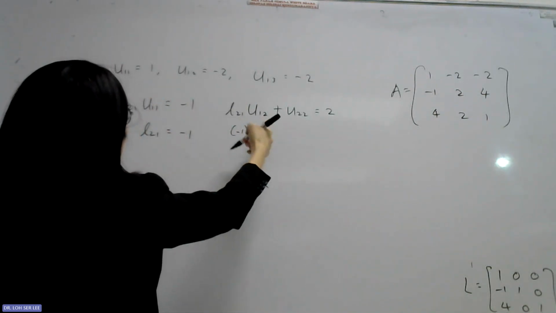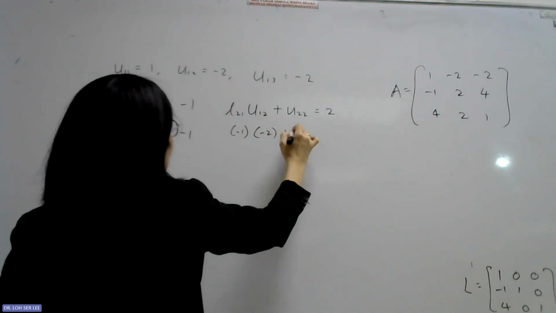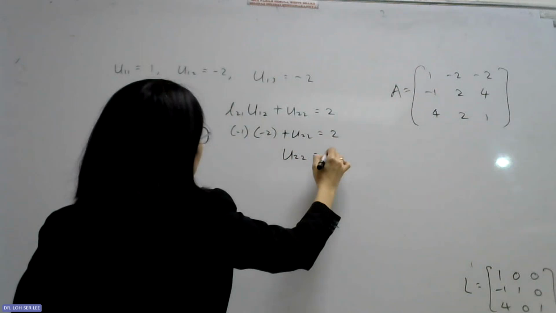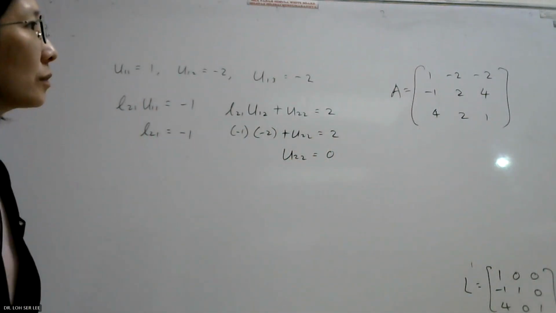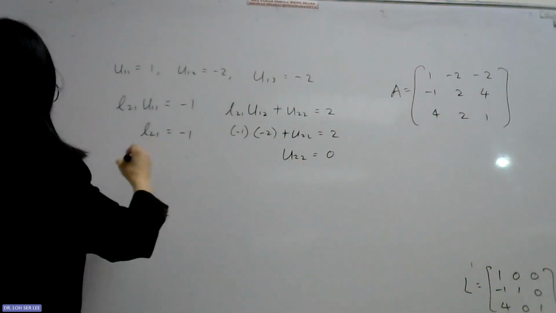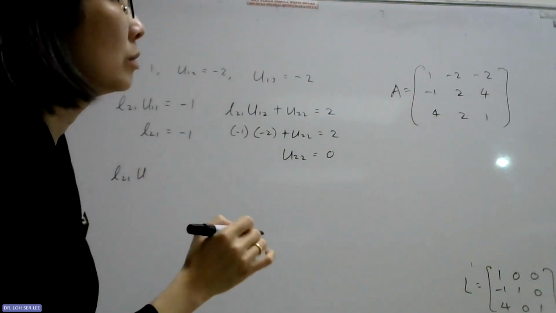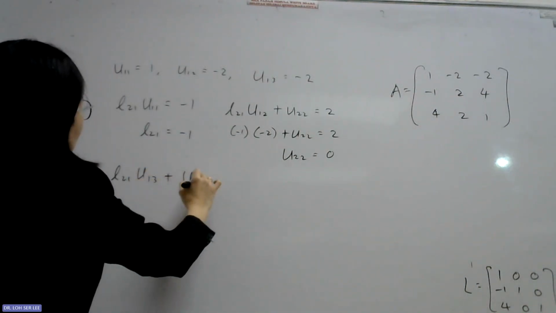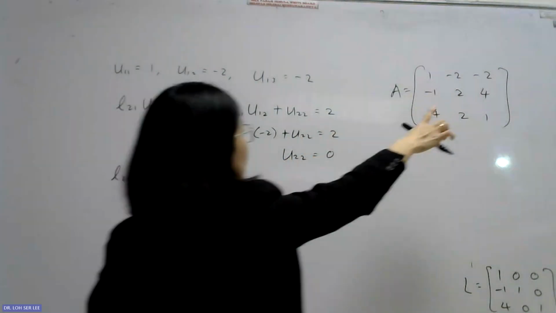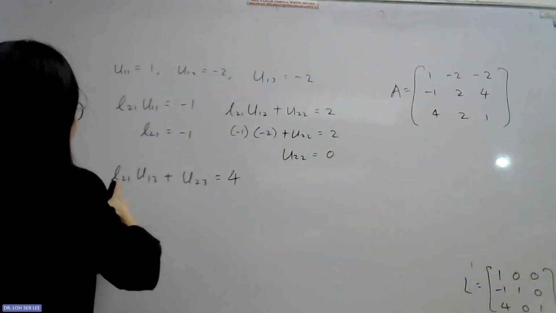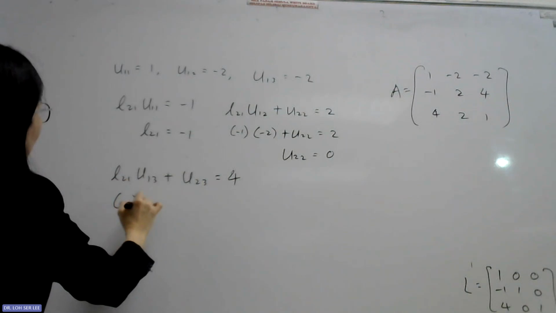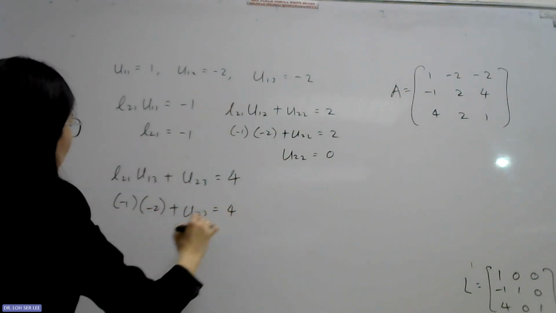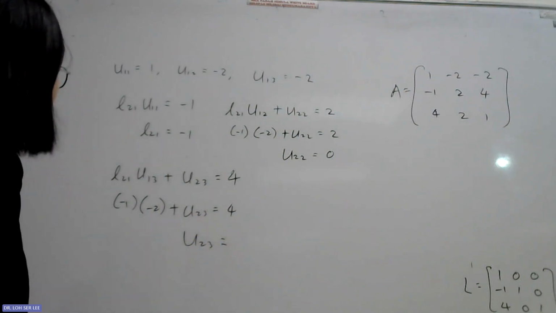L21 is -1, U12 is -2, plus U22 equals 2. That means U22 is 0. Next, L21 U13 plus U23 equals 4. So L21 is -1, U13 is -2, plus U23 equals 4. So U23 is 2.